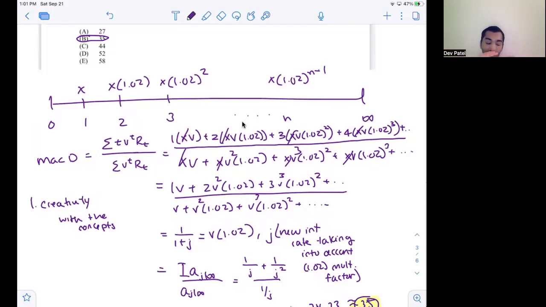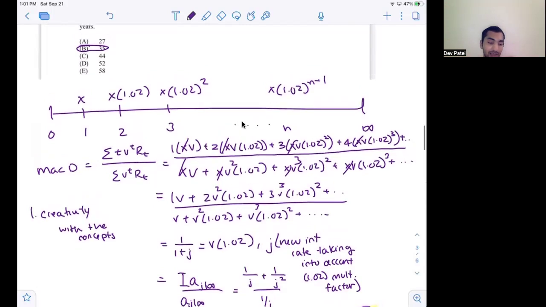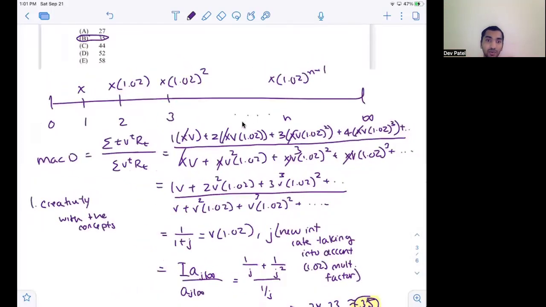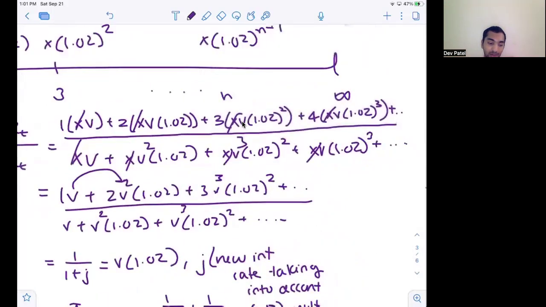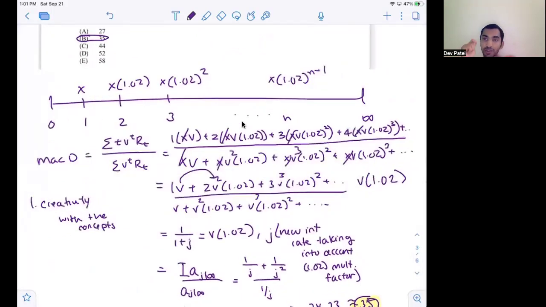In this example, when we're summing each individual discounted cash flow, we're multiplying by V, and the common ratio is V times 1.02, right? If the common ratio was just V, then it would simply be our regular interest rate.